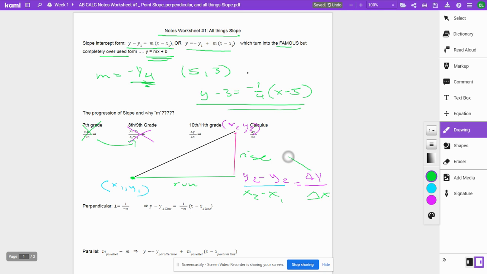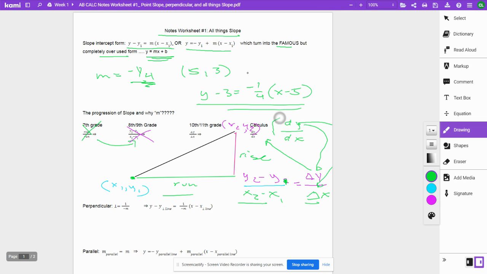We end up going to calculus from here, and we call it dy over dx. It's the same. dy is the change in y over the change in x, which is the same as y2 minus y1 over x2 minus x1, which is the same as the stuff they taught you in 7th grade, which is rise over run. We just keep moving along.